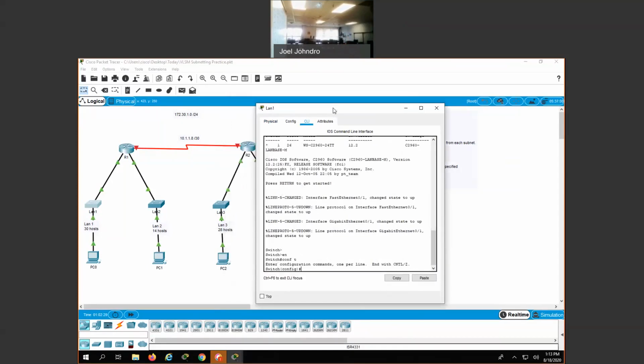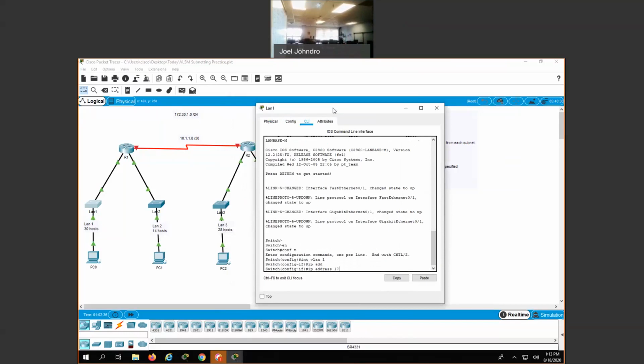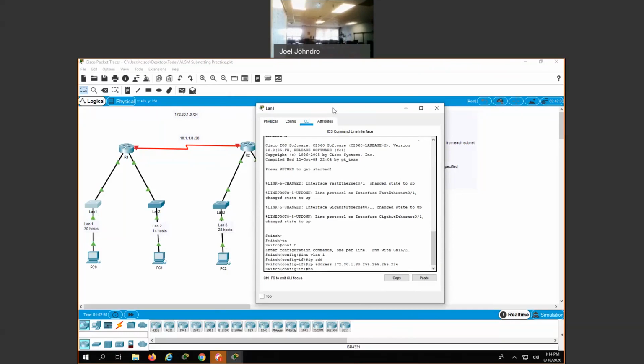Let's go to interface VLAN 1. Assign the IP address 172.30.1.30, subnet mask 255.255.255.224. And again, enable it.